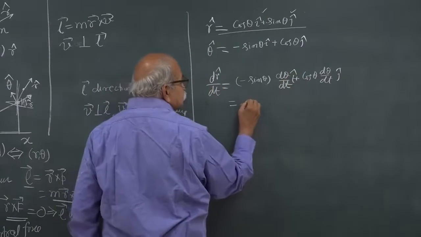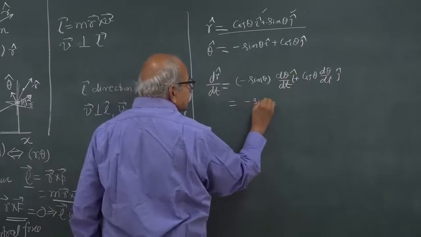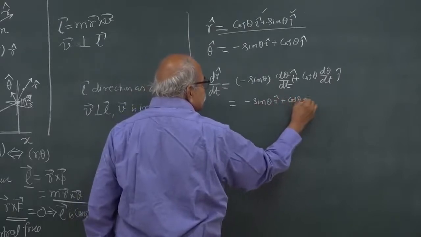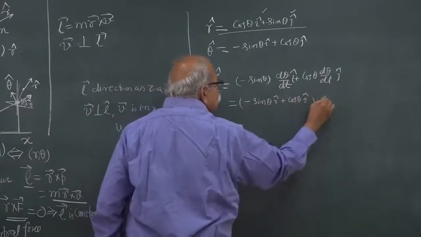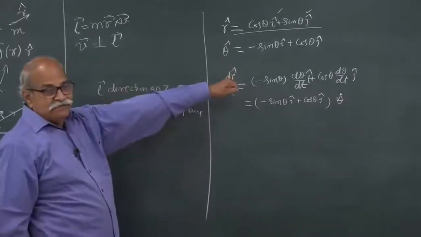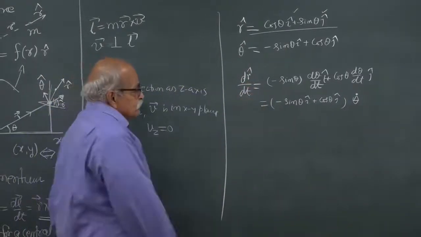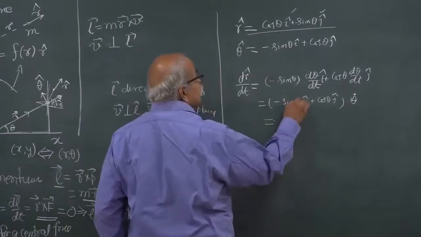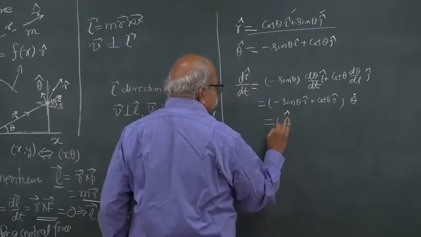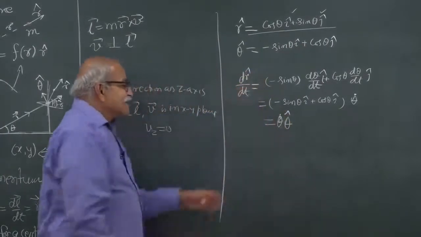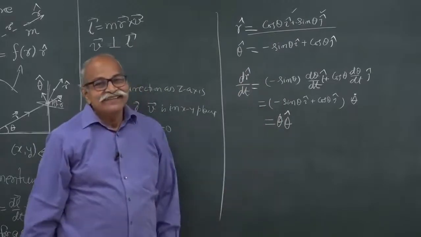This is minus sin theta i cap plus cos theta j cap, times theta dot, and when I write dot it is d dt of theta. This is theta cap. So, d r cap dt is theta dot theta cap.